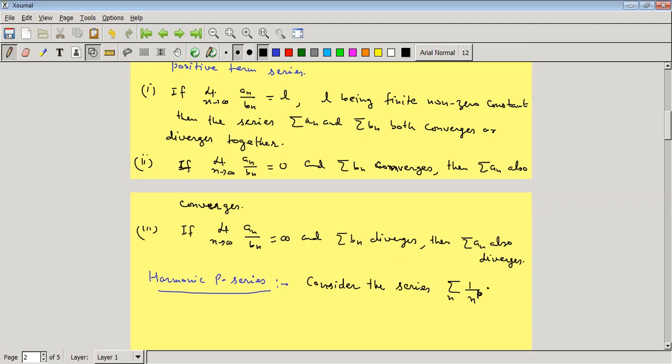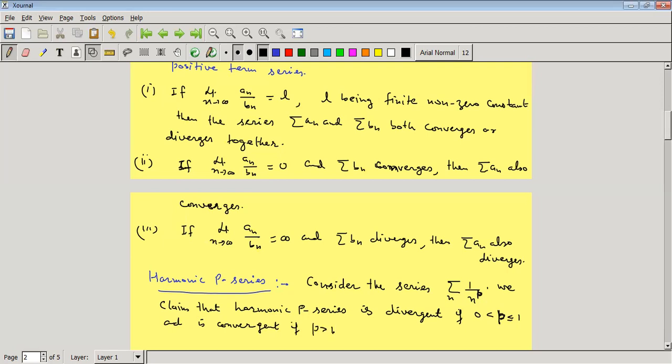We claim that the harmonic p-series is divergent if 0 is less than p less than or equal to 1, and is convergent if p is greater than 1.